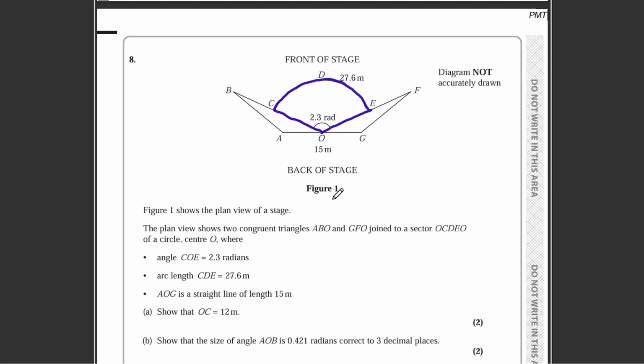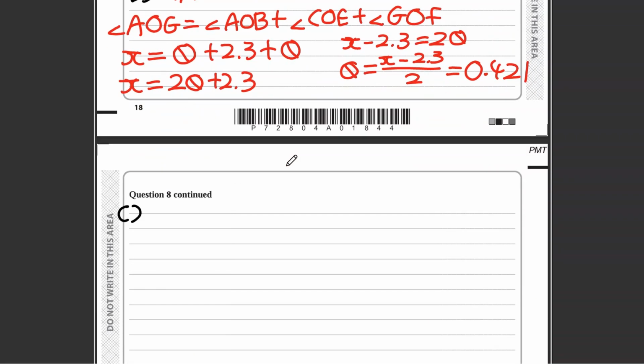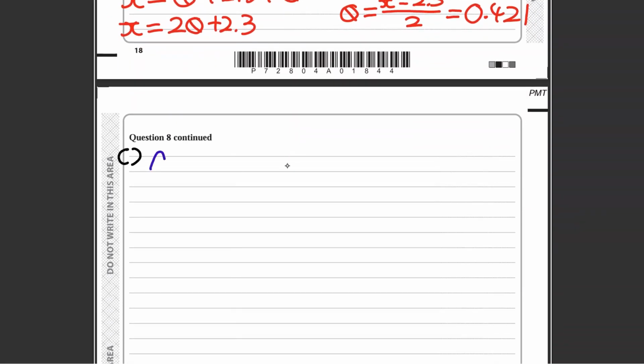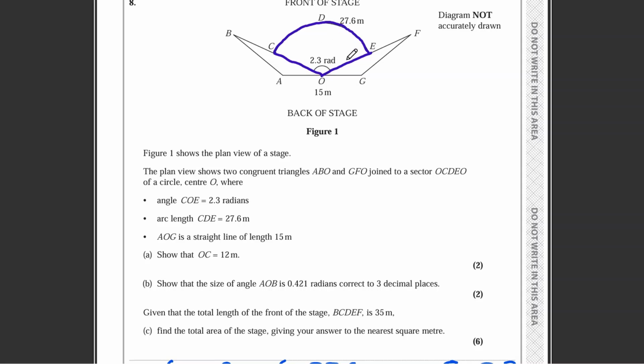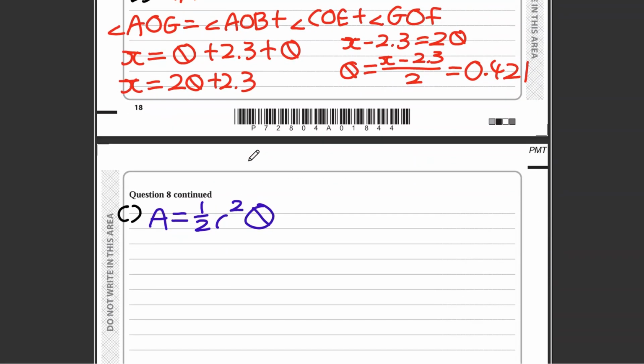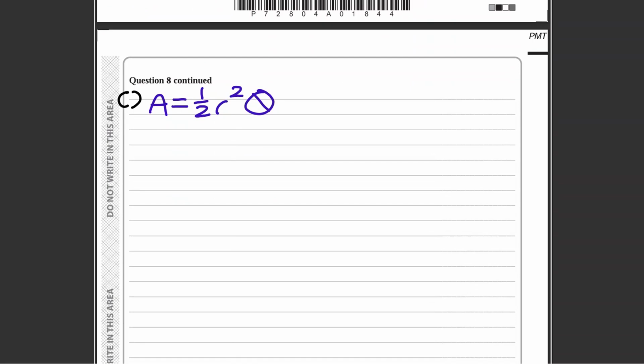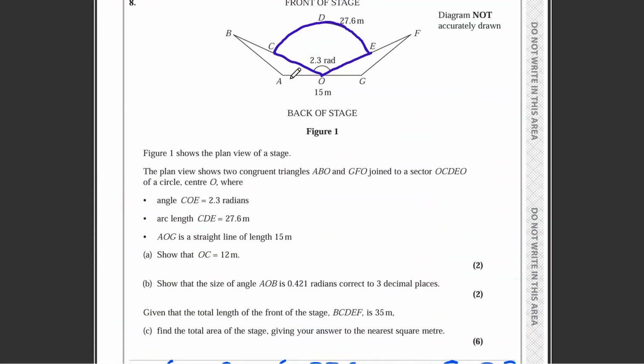If you recall back to year 2 of chapter 5, the area of a sector is equal to half times the radius squared multiplied by theta, where r is the radius of the sector and theta is the angle at the center of the sector. We can use this because we know that r, the radius of the sector, which we figured out for AOC, is 12.